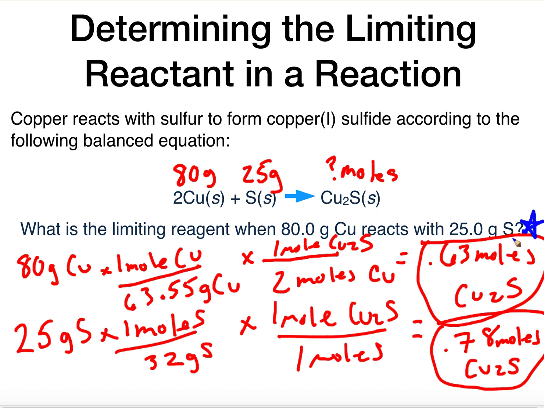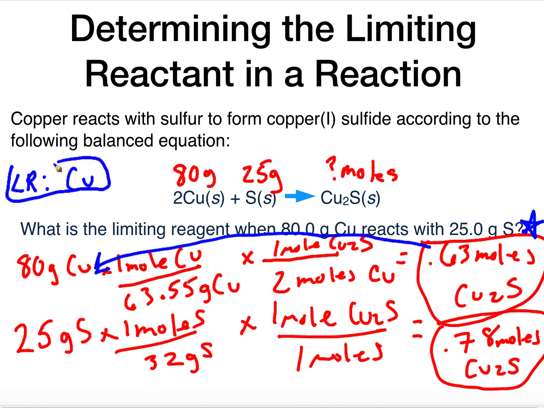Since it's the smaller number, it's limiting the production of our product. If I look, where did this 0.63 moles of Cu2S come from? Cu. So our limiting reagent would be Cu. The smaller number will always tell us our limiting reagent.